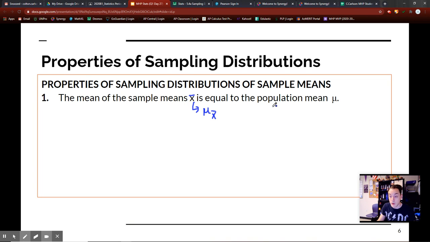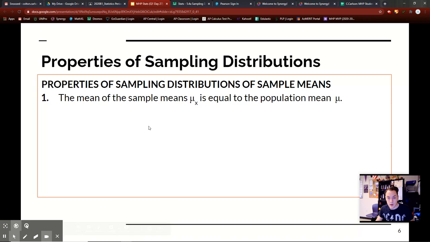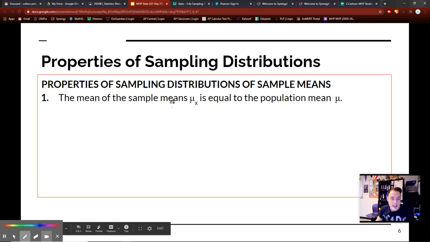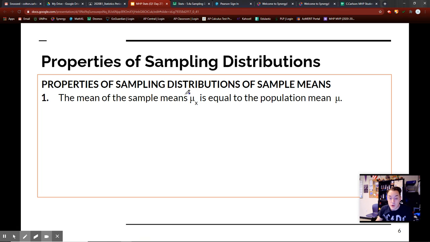Okay, so that's very important. There, I fixed it. So the mean of the sample means is mu sub x bar. So x bar is right there, is equal to the population mean.